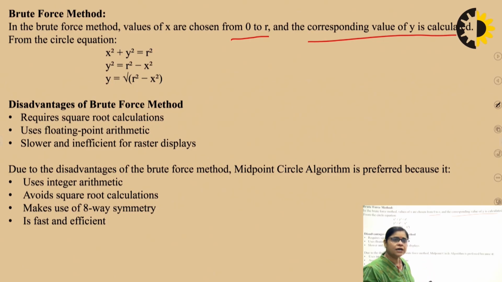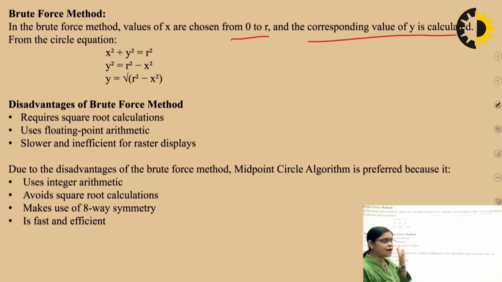So x and y are both dependent variables. From the equation x square plus y square equals r square, when we want to find the value of y, the value of x is chosen. That's why y equals the square root of r square minus x square.